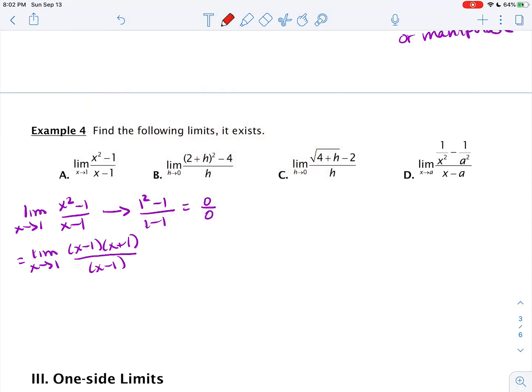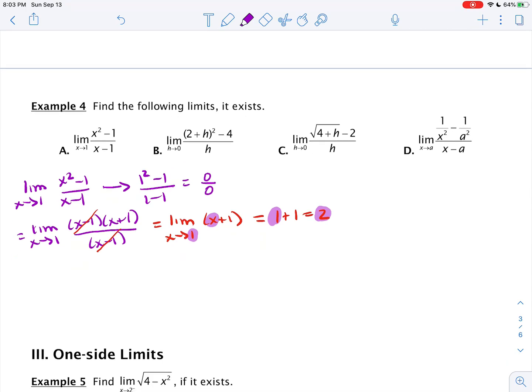Now I can cancel my x minus 1s, and this is going to equal the limit as x approaches 1 of x plus 1, and now I begin again and evaluate, and that's going to go to 1 plus 1, which is 2. So remember, wherever I have my x, I'm going to substitute that value and try to evaluate.